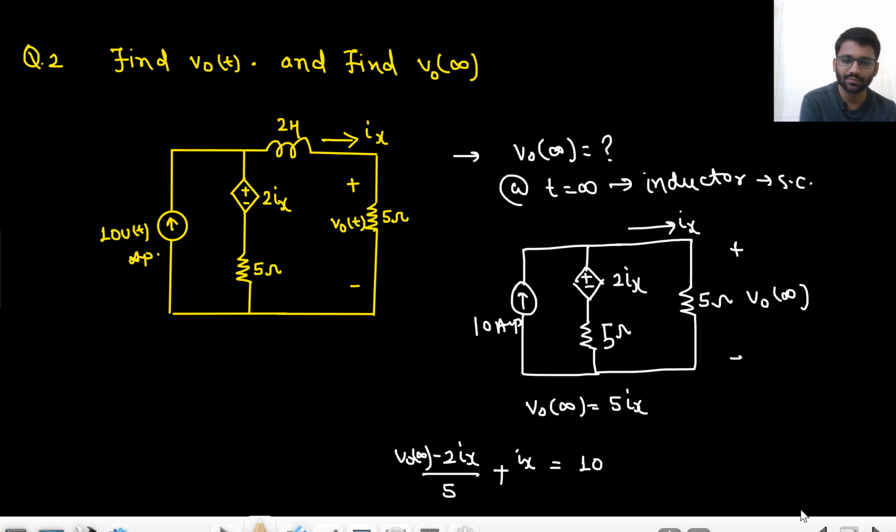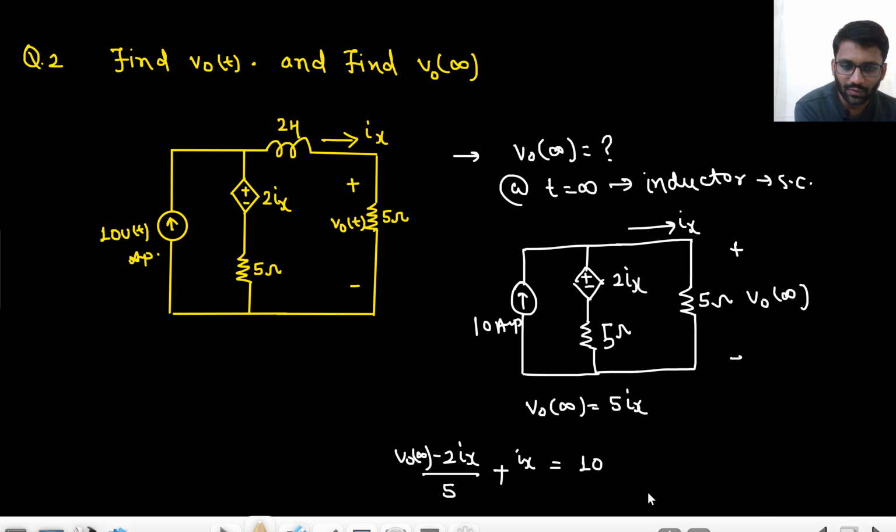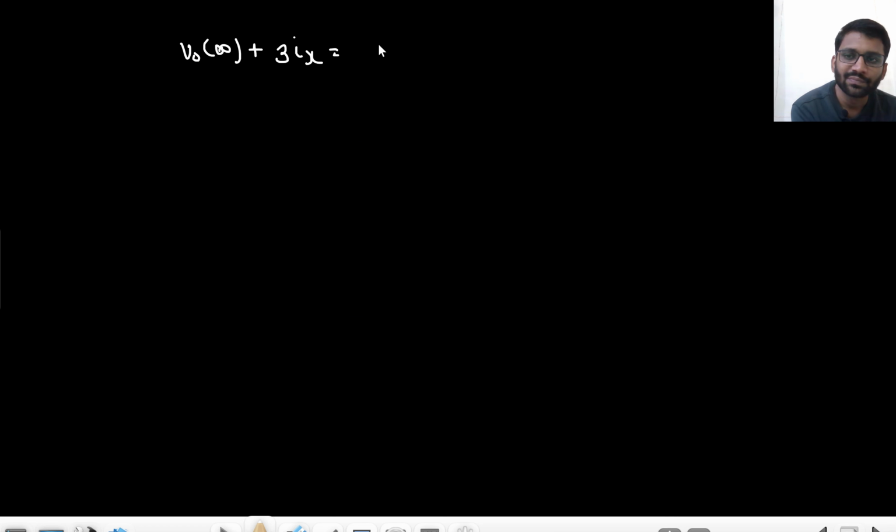So it would be V naught infinity plus 3ix equals to 50, right?